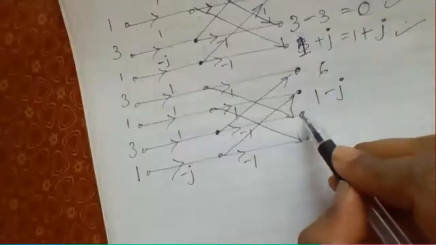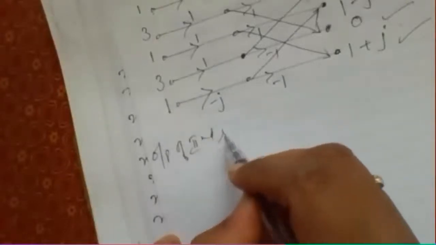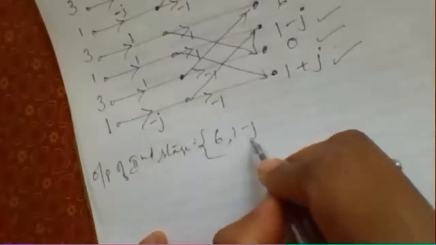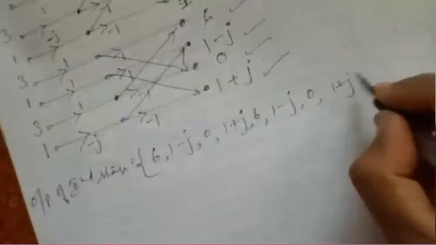Next, 0. Next, 1 plus j. So for the second half, 6, 1 minus j, 0, 1 plus j. Now list out the output of the second stage: 6, 1 minus j, 0, 1 plus j, comma, 6, 1 minus j, 0, 1 plus j.